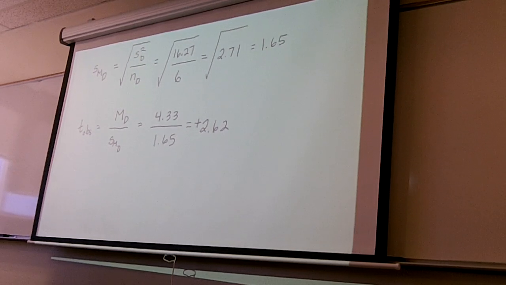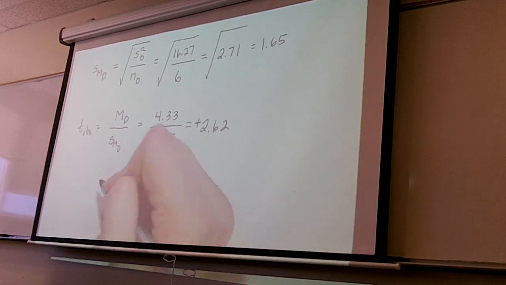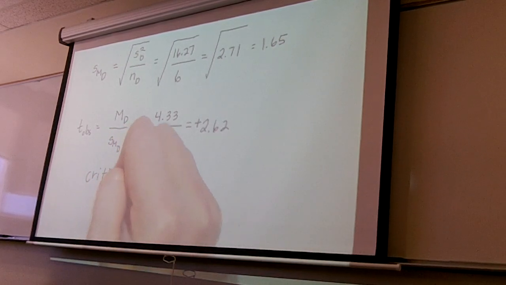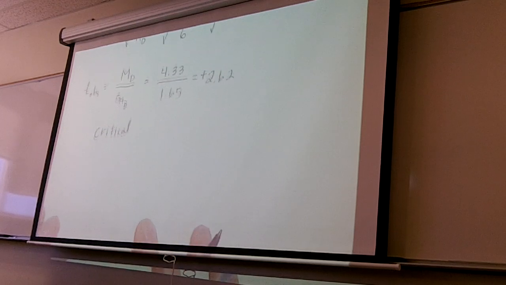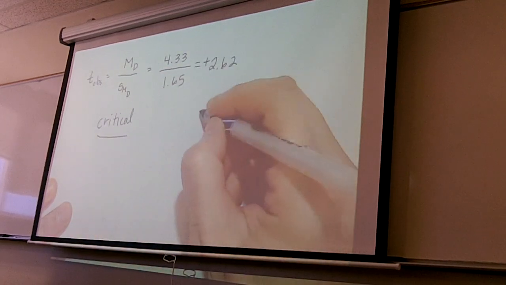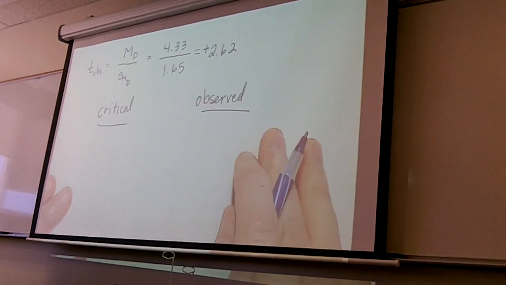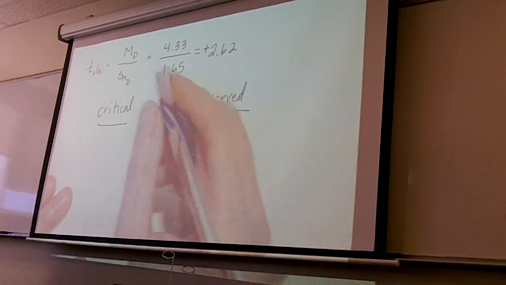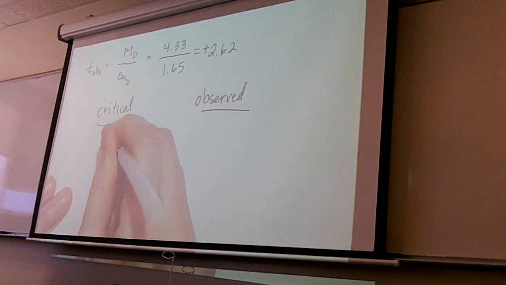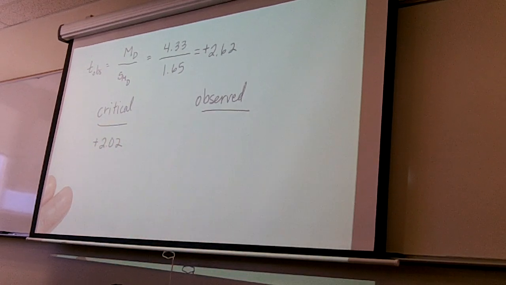All right, so we're looking up in the positive tail, so we're going to evaluate the null hypothesis. We're going to put the critical value here and the observed value here. Our critical value we said was what? 2.02 positive.